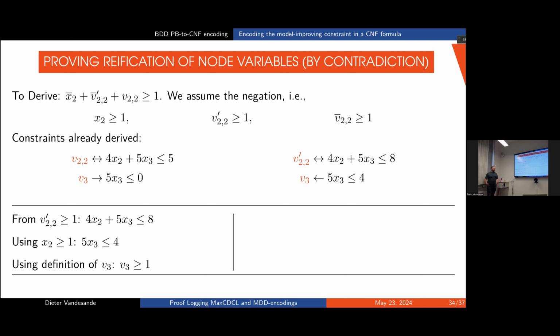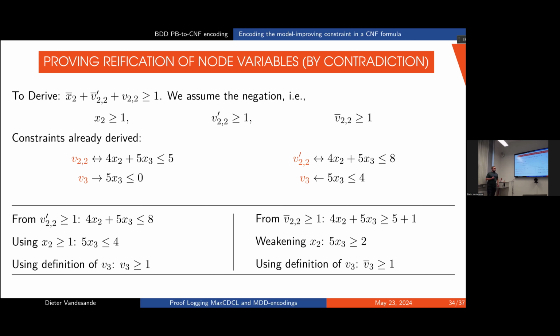So that's one side. Let's start now from the negation, from not v. Well, from not v, we can derive that v is true if 4x2 plus 5x3 is smaller than or equal to 5. So the fact that v is false means that this is greater than or equal to 5 plus 1. We can weaken x2 at this moment. So we get 5x3 greater than or equal to 2.